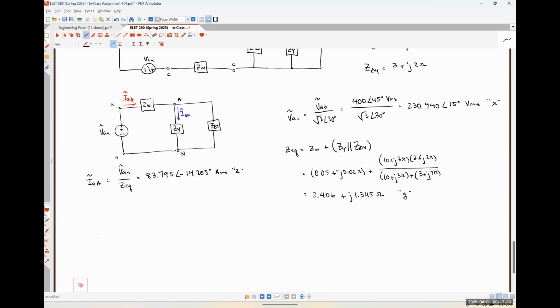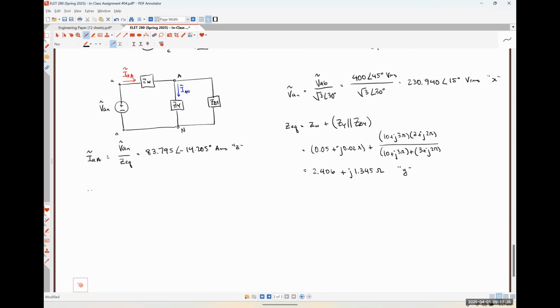So I uppercase A uppercase N is just going to be IAA times 1 over ZY divided by 1 over ZY plus 1 over Z delta Y.